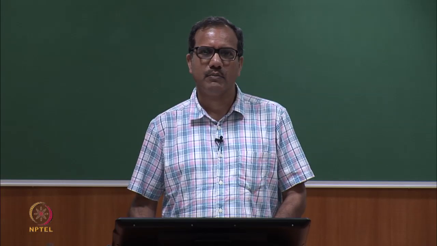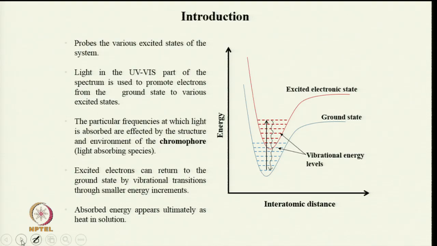unoccupied molecular orbital. In UV visible spectroscopy, we probe the various excited states of the system. So, here is your ground state and this is the excited electronic state.